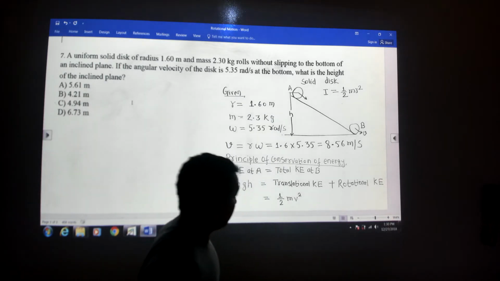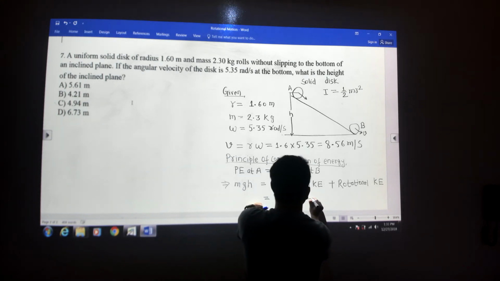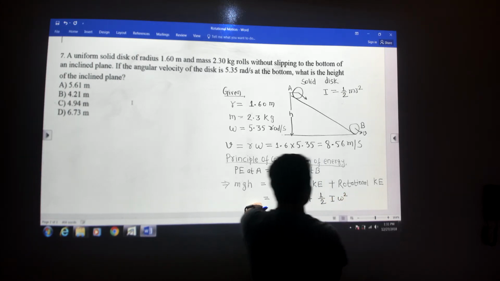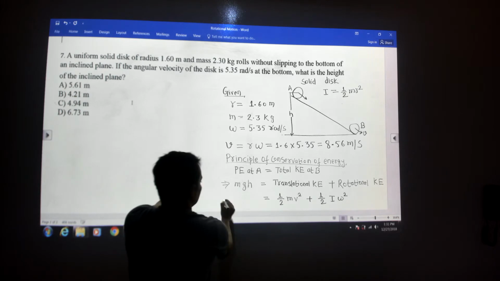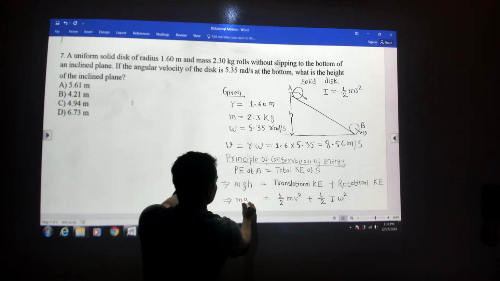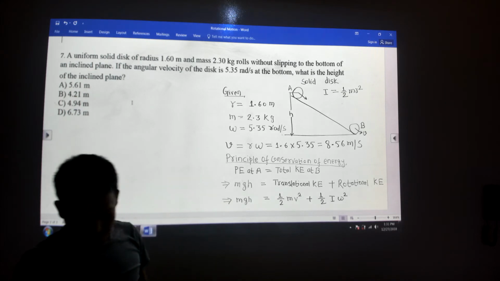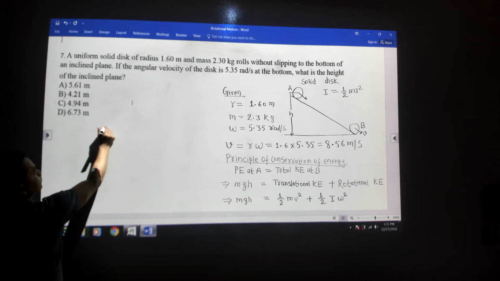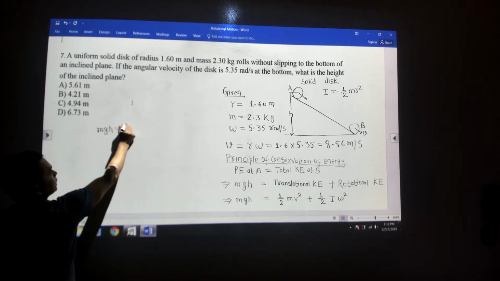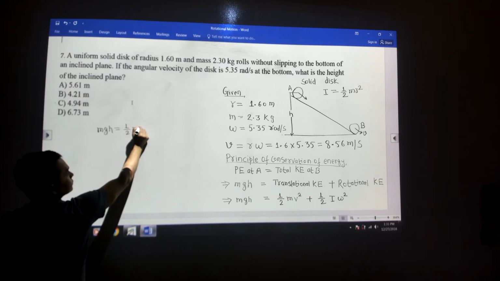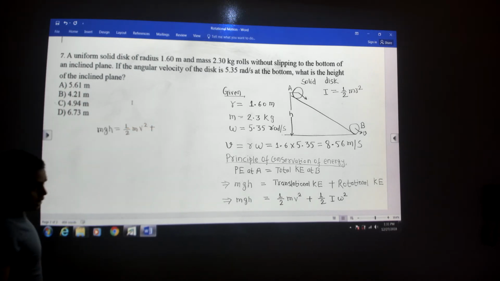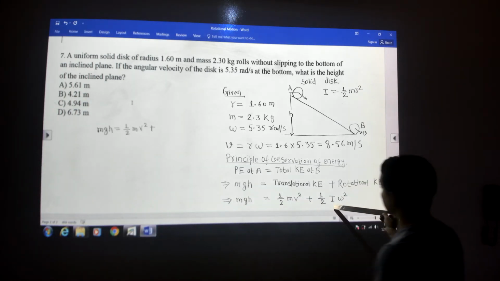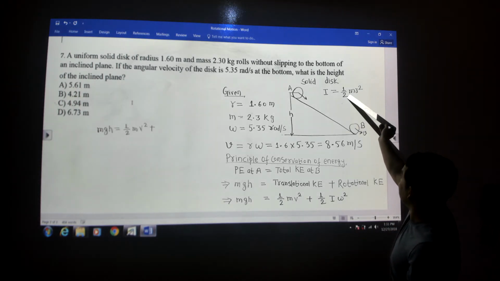And the rotational kinetic energy is equal to plus half I omega squared, and this is equal to mgh. So I'm writing down this side now: mgh equal to half m v squared. What is the I? I is half m r squared. As you can see, the moment of inertia of a disk is half m r squared.